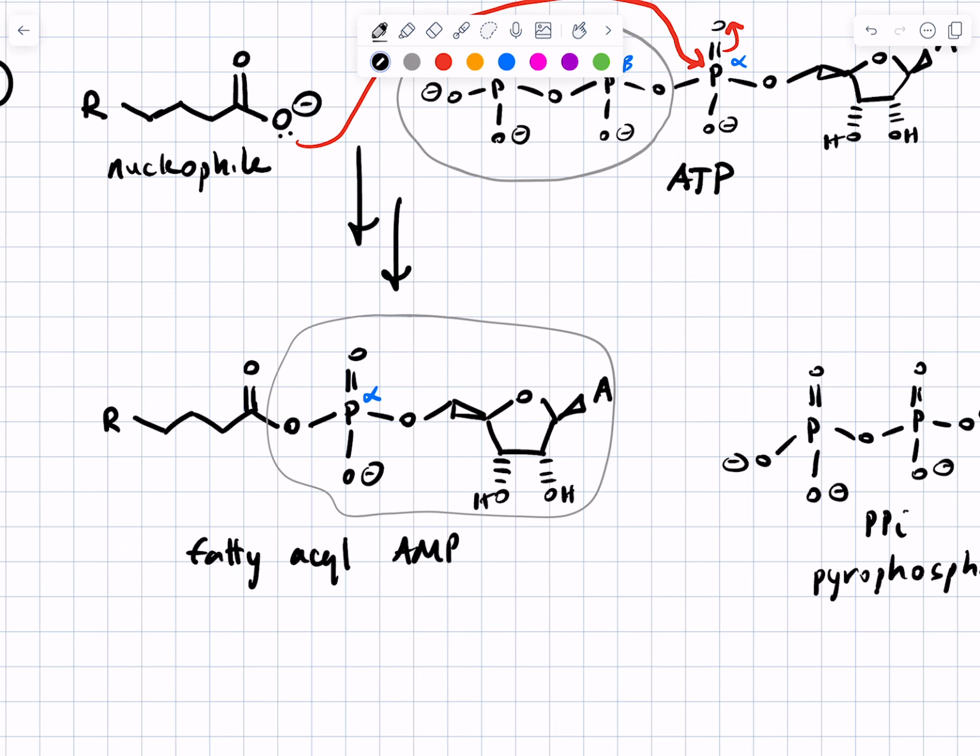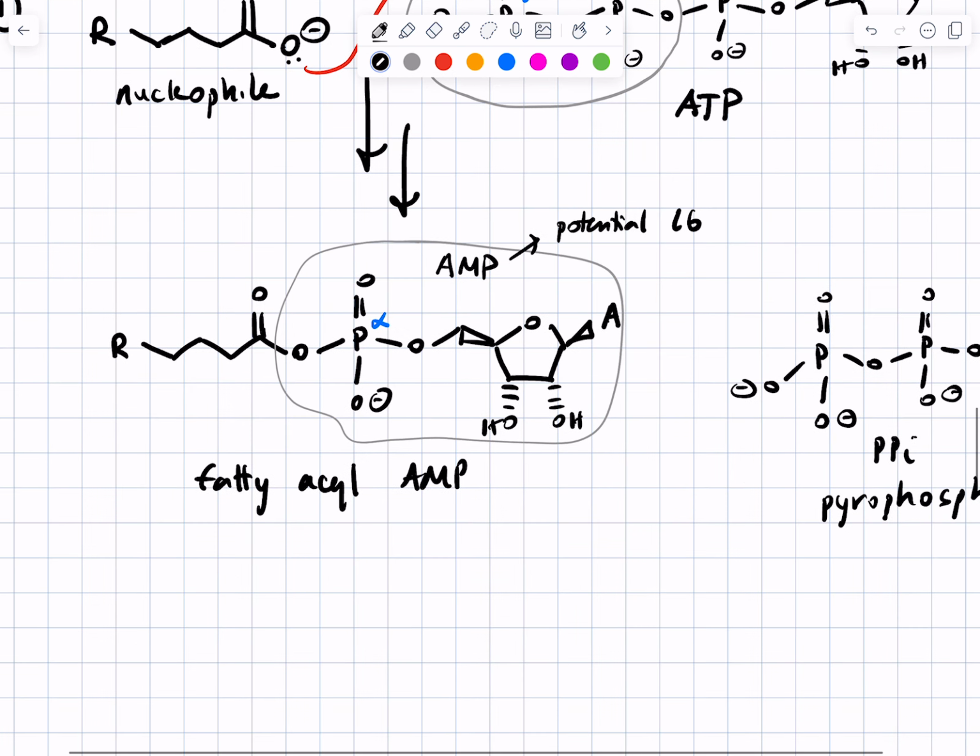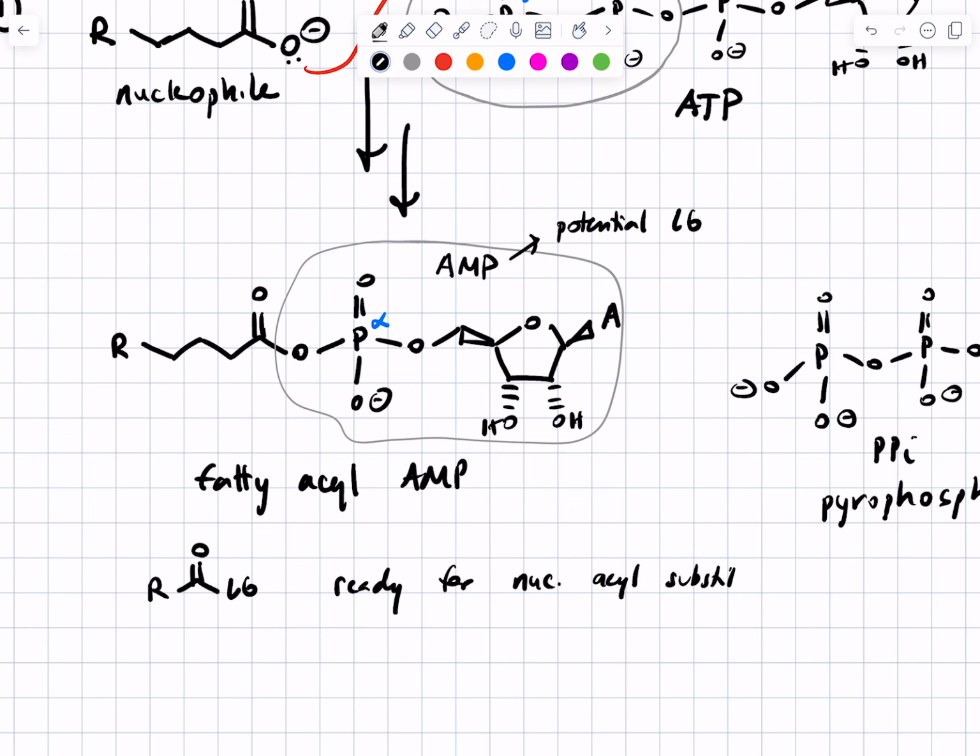This portion of the molecule would be called AMP, and it's a potential leaving group. So we've converted our carboxylic acid from a nucleophile to something that is ready for nucleophilic acyl substitution. Okay, questions about that? I think you've seen that before.